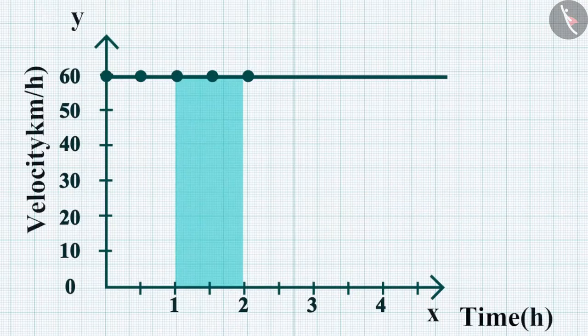To calculate the distance covered by the car between time 1 hour and 2 hours, draw perpendiculars from the time points on the graph. The velocity of 60 km per hour is represented by the height AC or BD, and the time interval is represented by the length AB or CD.